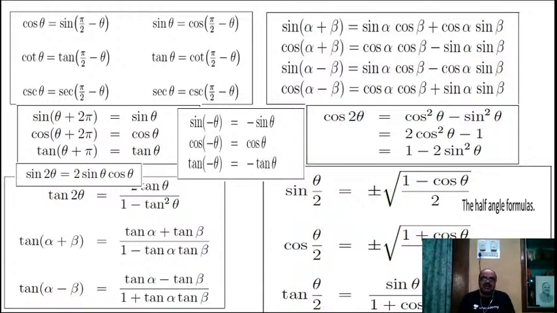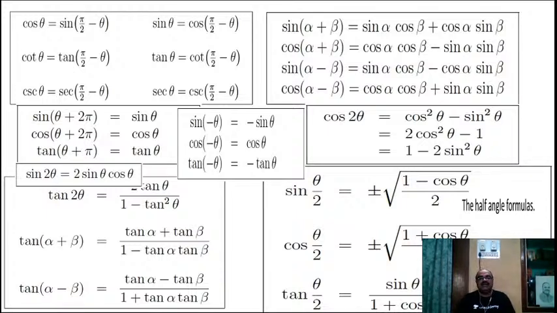In the second quadrant, only sine will be positive, rest will be negative. Sine is positive means cosec also will be positive, but the rest, cos, tan, secant, cot, these 4 will be negative in the second quadrant.